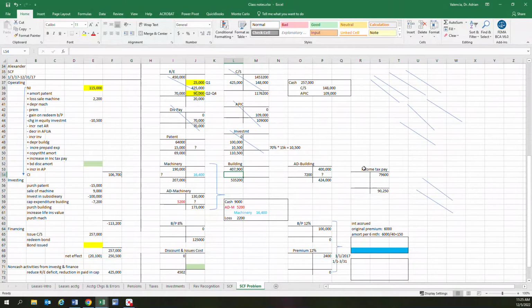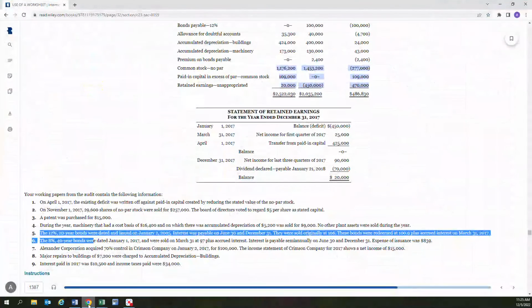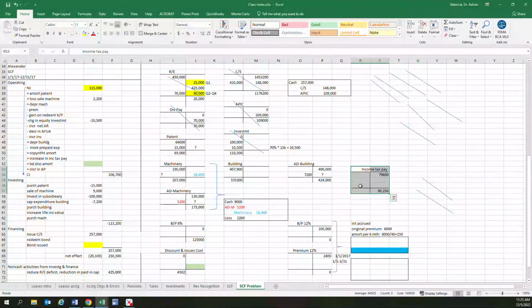Okay. So started out with 79,600 and it ended with 90,250. So they say they paid 34,000. Income taxes paid were 34,000. So if that's the case, that's a debit of 34,000 to the account. Debit income taxes payable, and then credit cash, right?